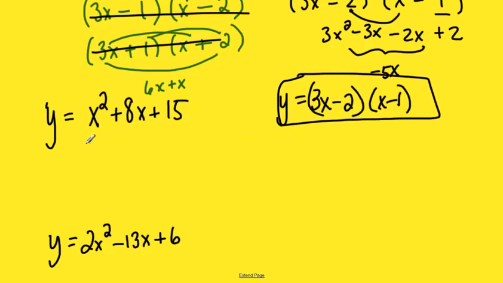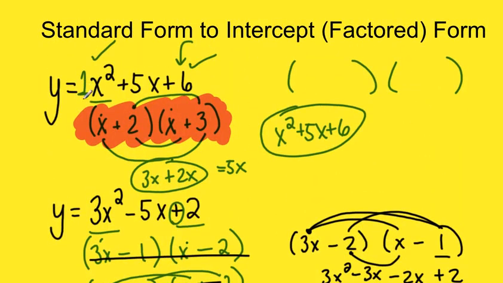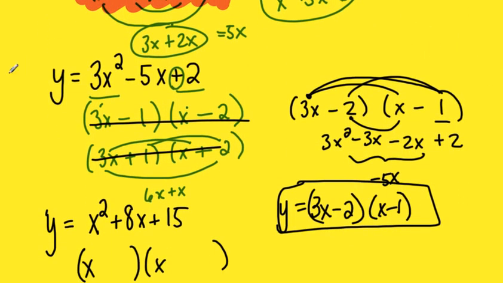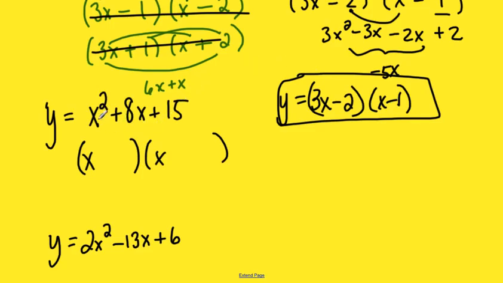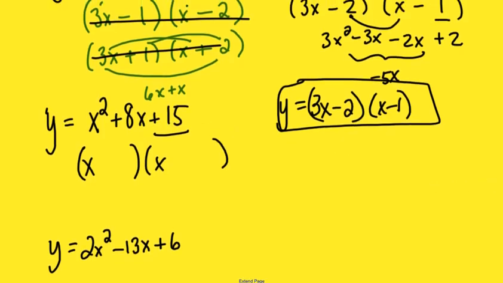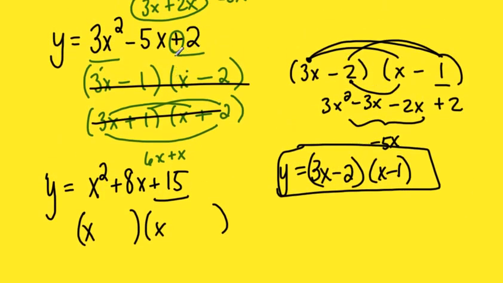Alright, what about this one? No GCF, so x squared would be x and x. And again, this is like number 1. See, a is 1 here, and a was something different on the second one, meaning that we had to do something different in the actual process there. But here, since it's a 1, it has to multiply to be 15 and add to be 8. That did not work on number 2 because I don't have anything that multiplies to be 2 and adds to be negative 5. But the 3 is what helped me out there, because 3 times whatever was here allowed me to get to negative 5.